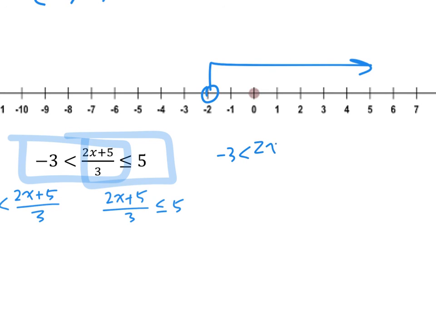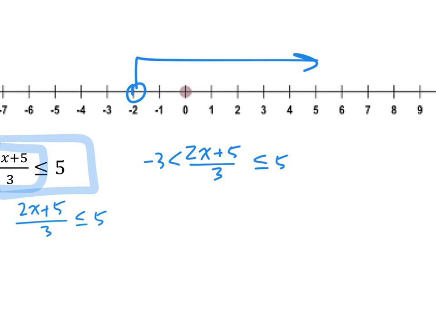So just a reminder, what you would do is, again, we don't want the fraction there, so we're going to multiply everything by the least common denominator, in this case 3. So negative 9 less than 2x plus 5 less than or equal to 15. And then whatever you do to one side, you always do to all the sides.